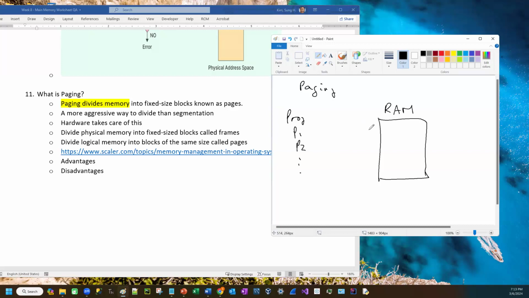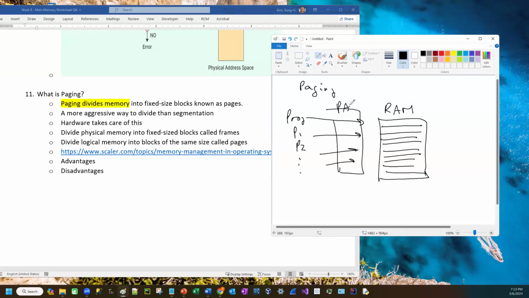Perhaps the opposite is we split the RAM into small pieces already, then we put these guys in here accordingly. We'll still have to split the processes, but we'll have a middle guy called the pages, and we'll keep track of them in the right fixed size and then put them in here.